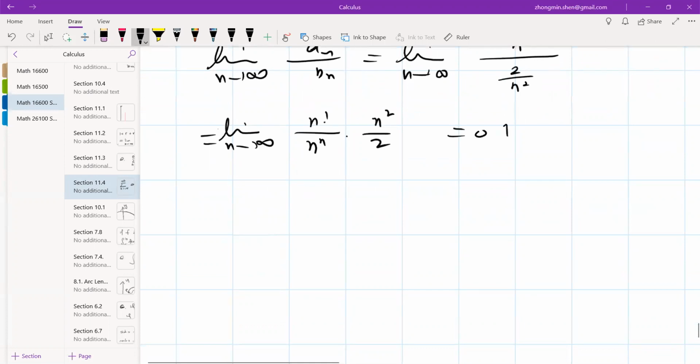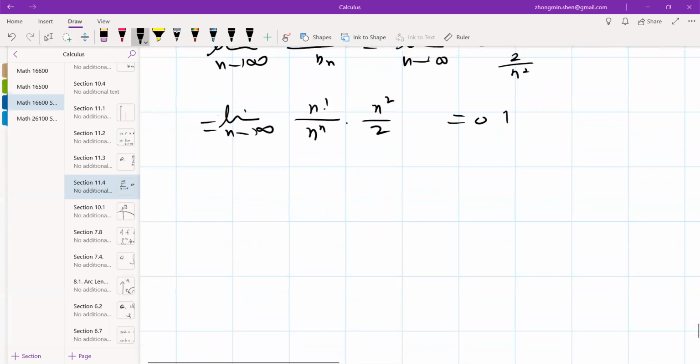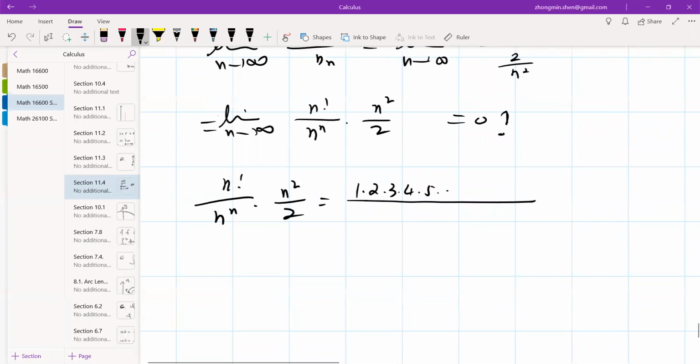It's not going to be 1. Because for n factorial over n to the nth power, you need to write down all these terms, 1, 2, 3, 4, 5 up to n, and this is n, and then n squared over 2.